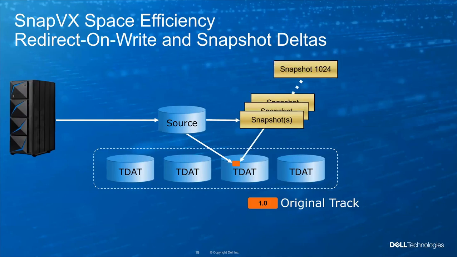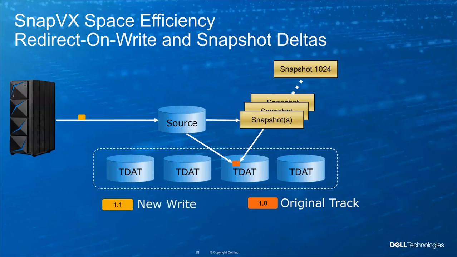As I said, you can make up to 256 in the batch utility, but in our ZDP solution, which I'll talk about in a minute, you can make up to 1,024 copies of the data. These point-in-time images are not physical copies, of course. They're just captures of the pointers and the data structures in the array, and they all share allocations on the back end pointing to the same point in time.